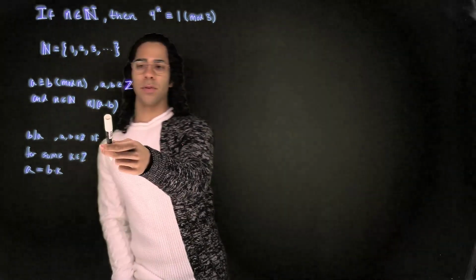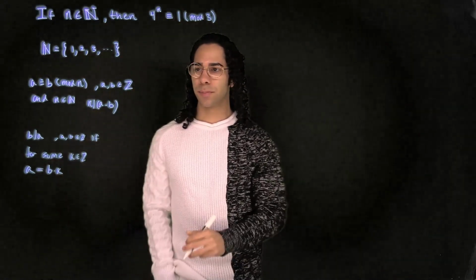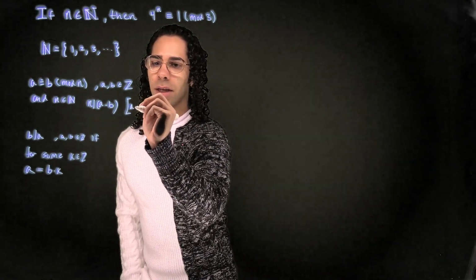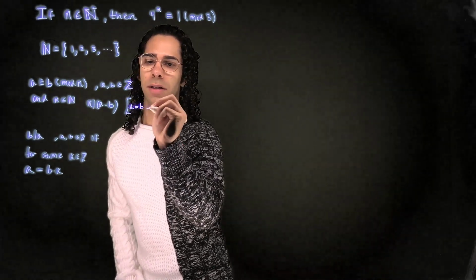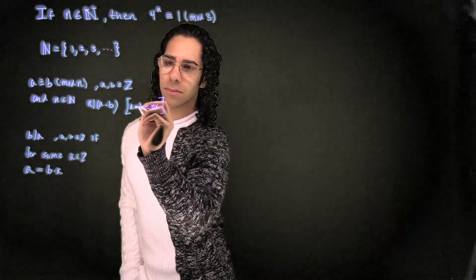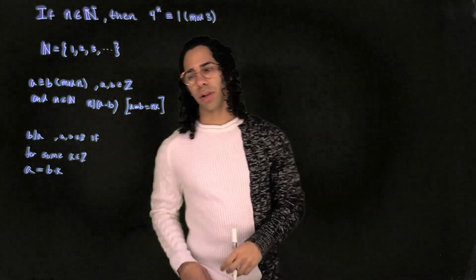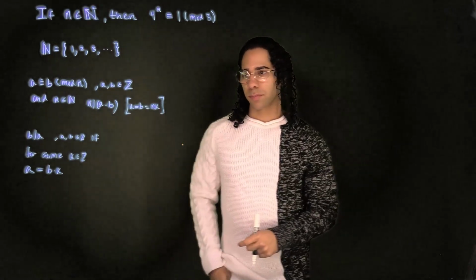Right, so in this case, it would be A minus B is equal to n times k. And I'll denote that here in some brackets. A minus B, make that a big minus, is equal to n times k for some integer k. And then you can begin to understand this statement.